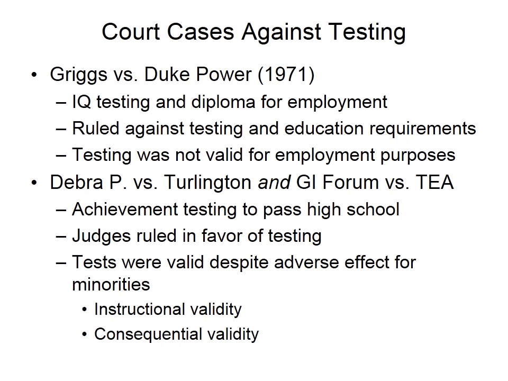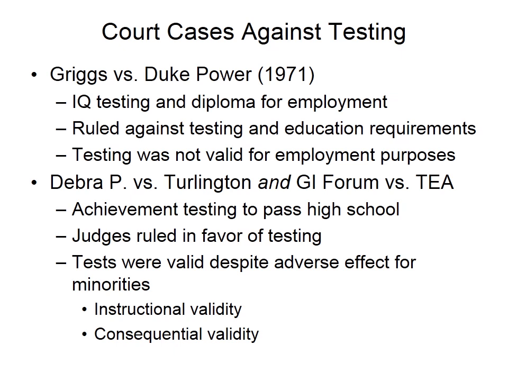Just a few other court cases that have come out against testing. Griggs versus Duke Power in 1971 is a really big employment law case that involved employment testing. Basically it was using IQ testing, or cognitive ability testing, and also education for employment.